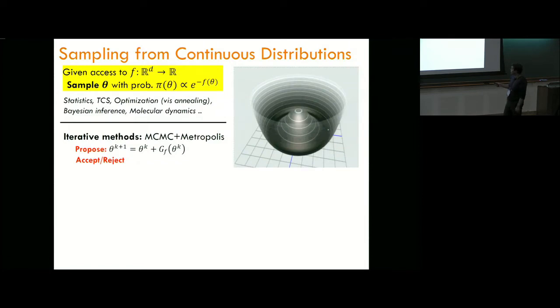So this G of F will have some randomness associated to F. It should at least have this property that if somehow magically theta k was already from the distribution pi, then theta k plus 1 should continue to be from that distribution. So that's an invariant. Whatever this proposal step is, you would like that it preserves the target density function. Okay?